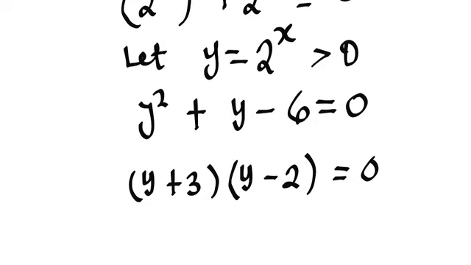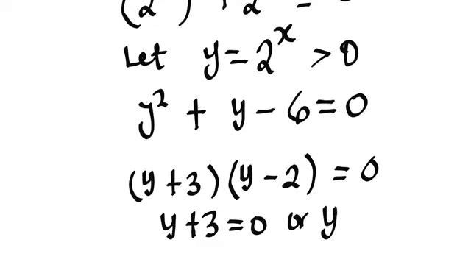So therefore we have y plus 3 equal to 0, or y minus 2 equal to 0. So now from there we move on.